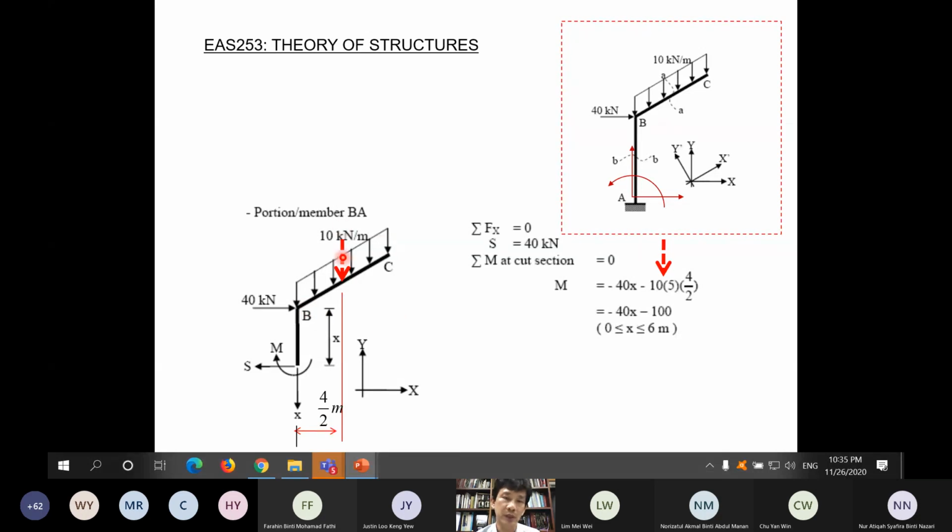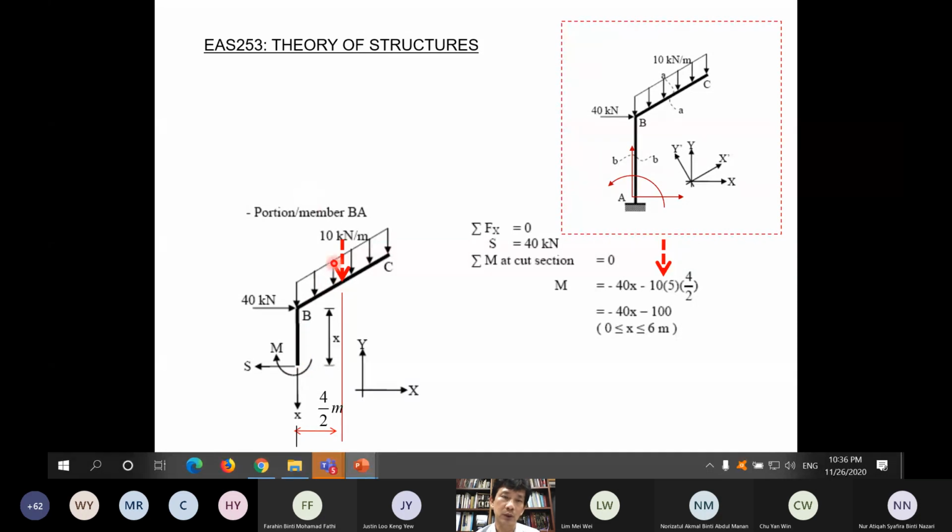So we make use of these vertical directions, with no need to decompose them into parallel and perpendicular, because we are not calculating shear force or axial force for that member; we are calculating for this member.